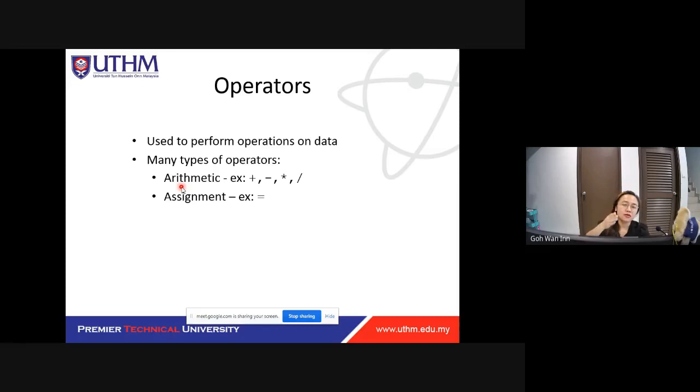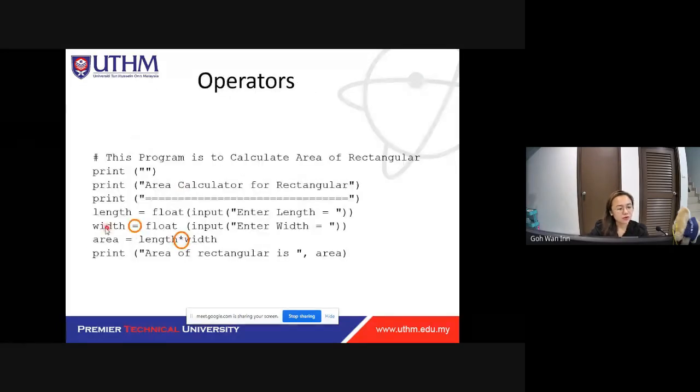Let's say you assign apple equal to 5, and then you assign width equal to float of input, enter the width. It means you get the width from the user as a floating number. This is assignment operators, and those are arithmetic operators. There are more, like relational and so on. There are many more types. That one is operators.